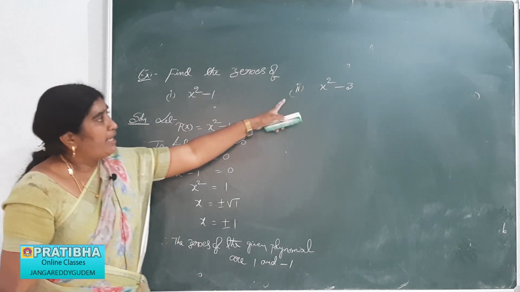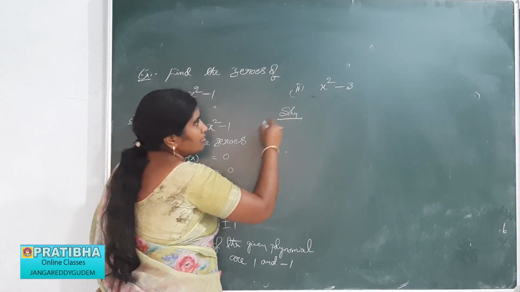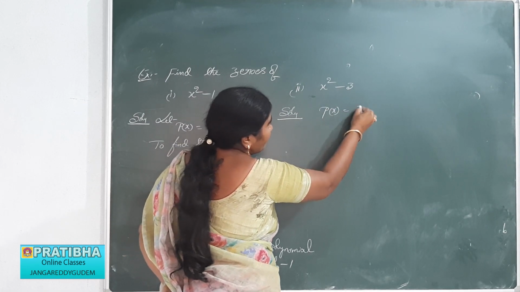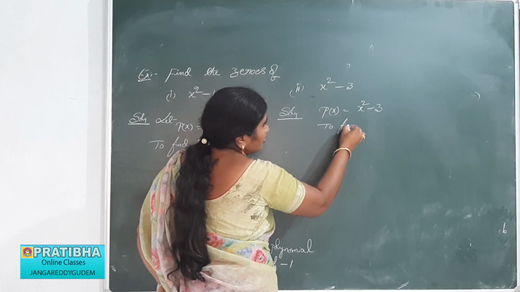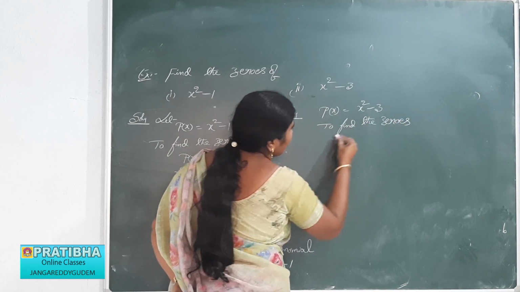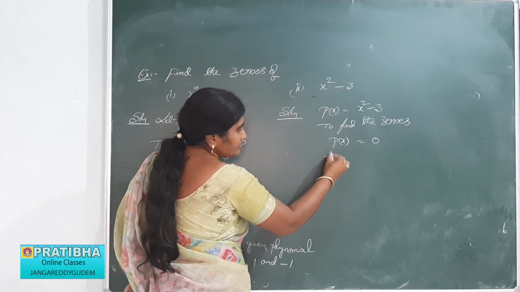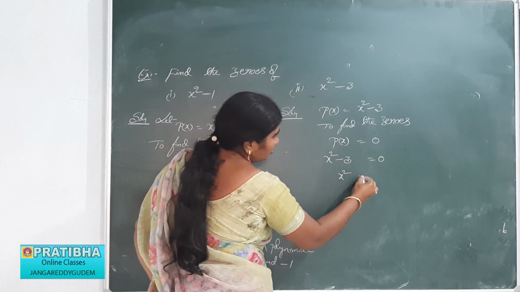Next, x square minus 3. Let p of x equal to x square minus 3. To find the zeros, p of x equal to 0, x square minus 3 equal to 0, x square equal to 3.